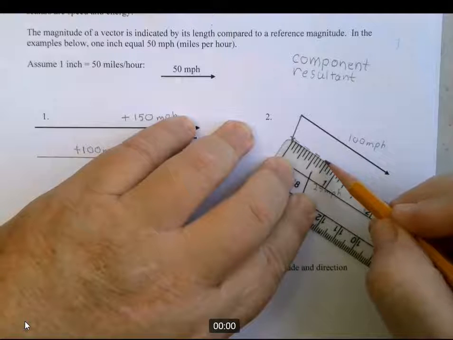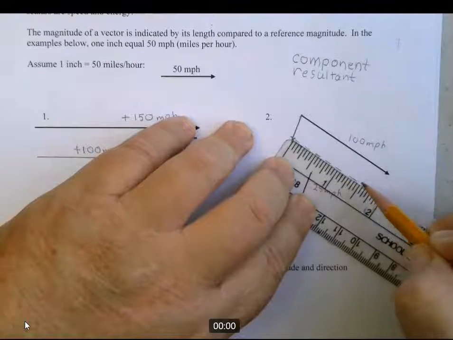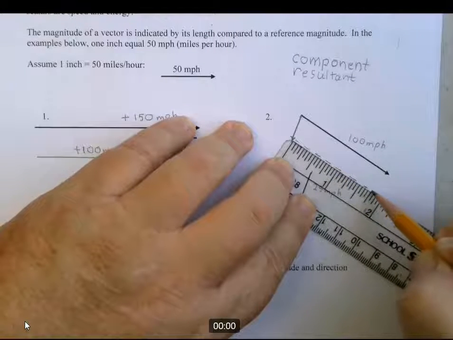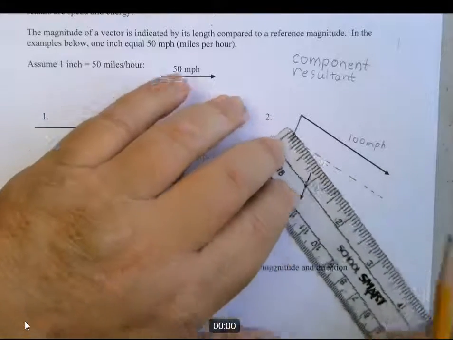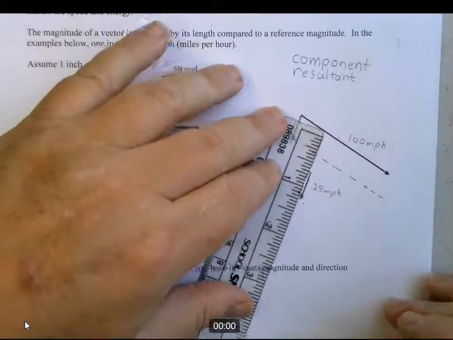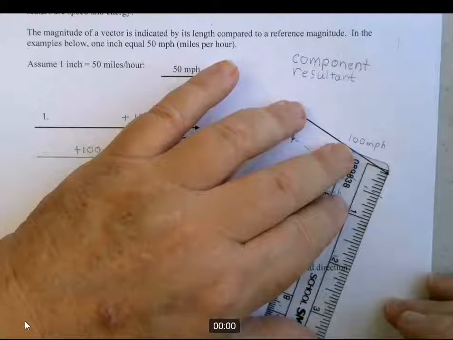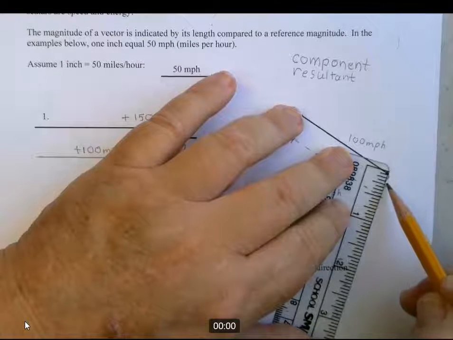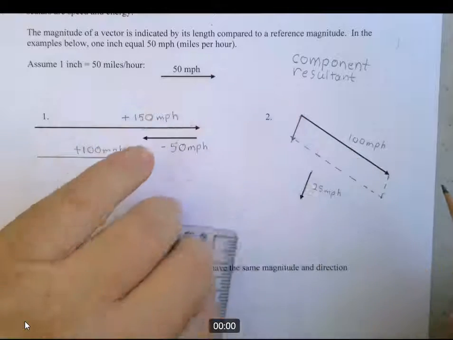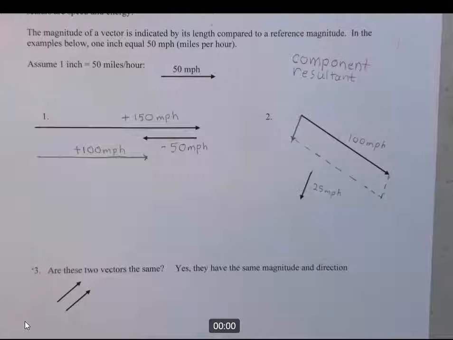Right about there. And then I'm going to take this and slide it over, but really you can just connect the ends here like that, and I'm going to draw a dashed line there. So there I have a parallelogram.